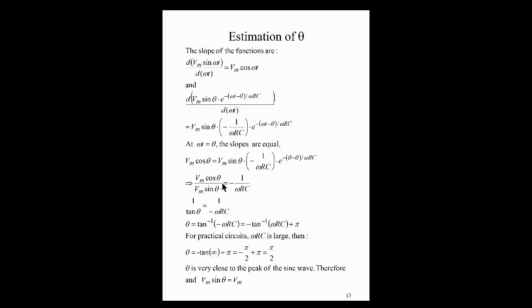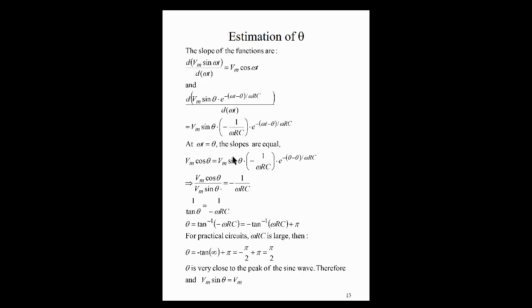So we set the two gradients equal, and then we try to solve the expression. So Vm cosine omega t, and when we differentiate this one, it comes to this expression.